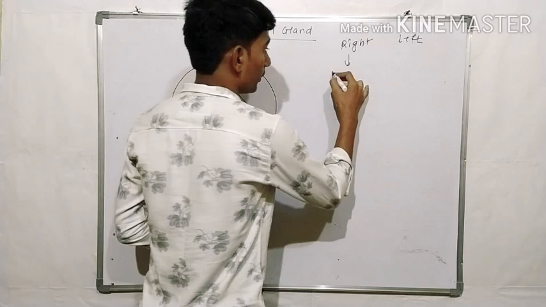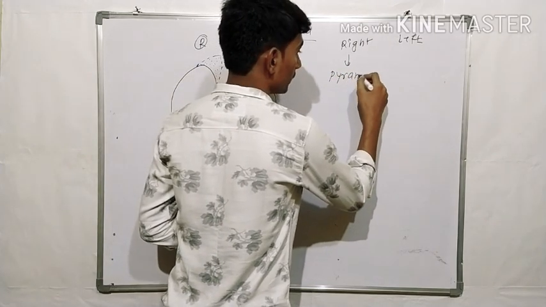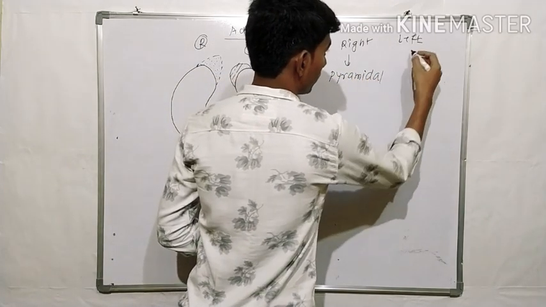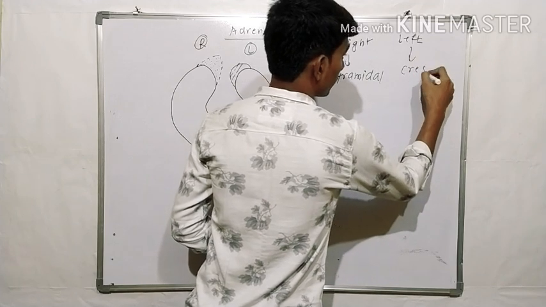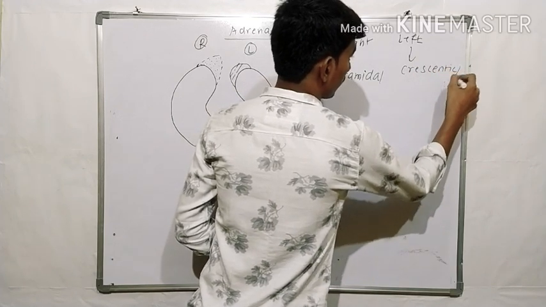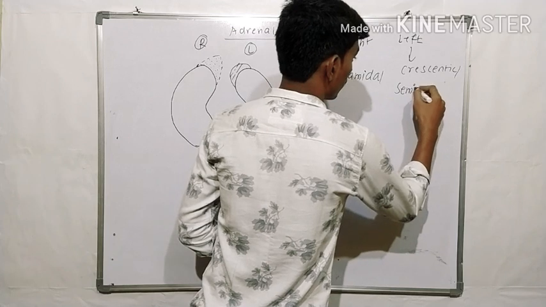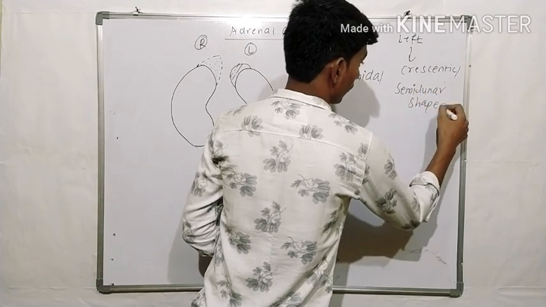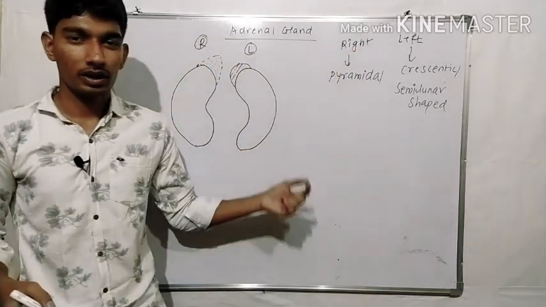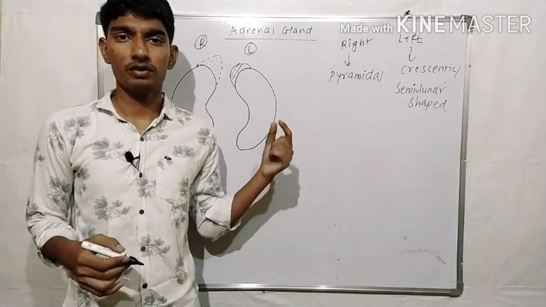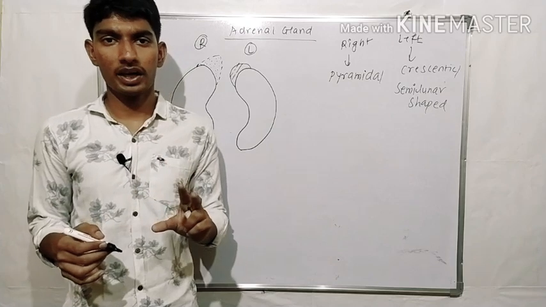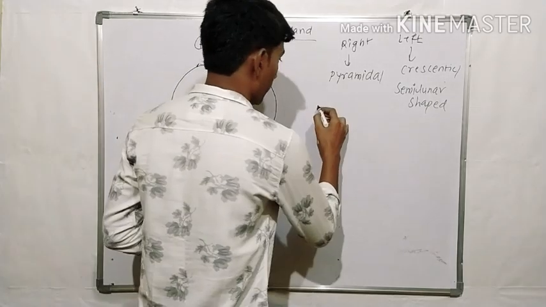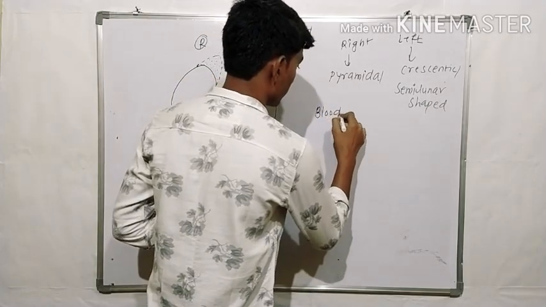This right suprarenal gland is pyramidal shaped and left is crescentic or semi-lunar shaped. Now about adrenal gland, you have to remember only blood supply and venous drainage.